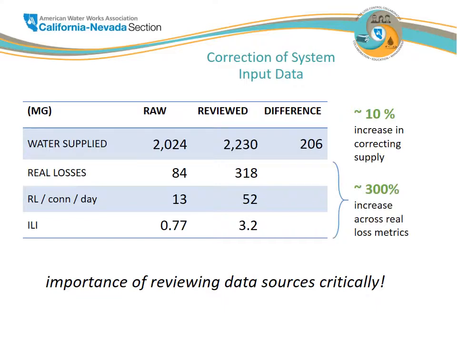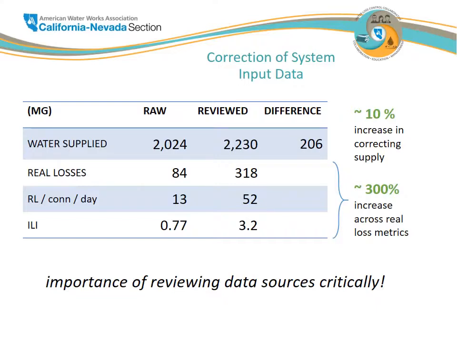That's because we're working with smaller volumes at the end of this process, so any change up front is going to have a big impact and a relatively major change in our smaller volumes of water loss. If you were a water utility that was facing this audit and the changes in this audit, I think we'd all agree that going from a real loss per connection per day value of 13, changing that to a real loss per connection per day value of 52, that's a sizable difference.